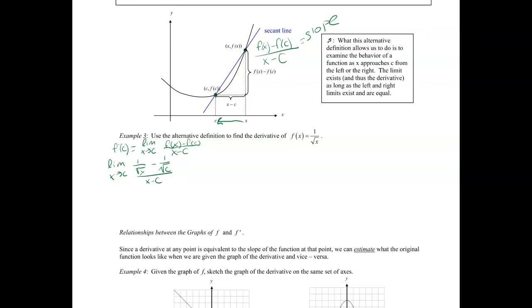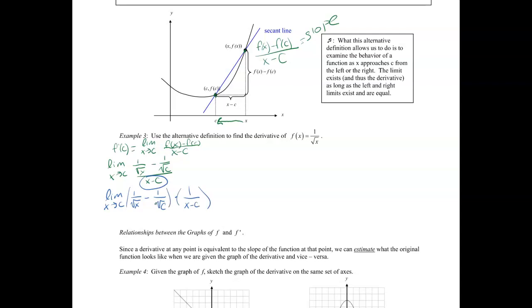All right, so then I'm going to have a fun time. I'm actually going to flip this right now just to make my life a little bit easier. I am going to say the limit as x goes to c of 1 over the square root of x minus 1 over square root of c, times 1 over x minus c.